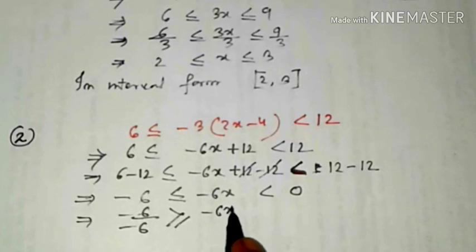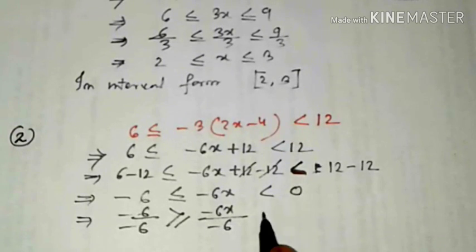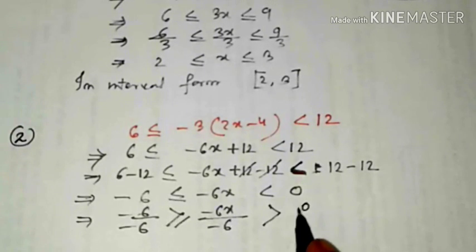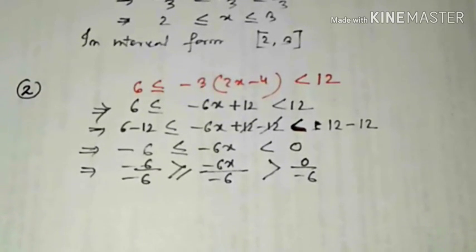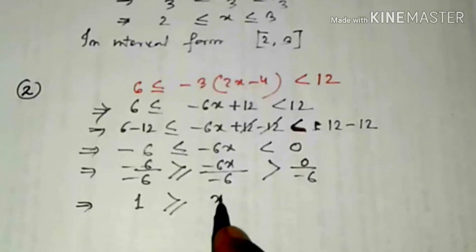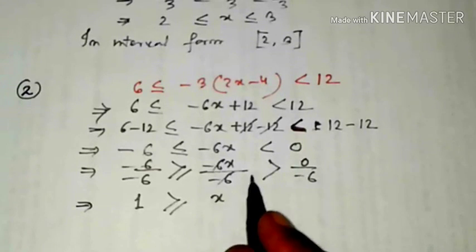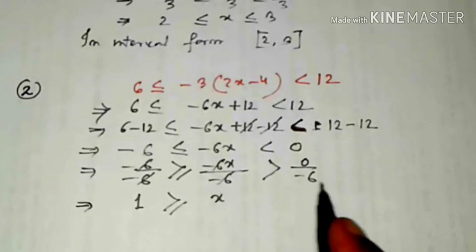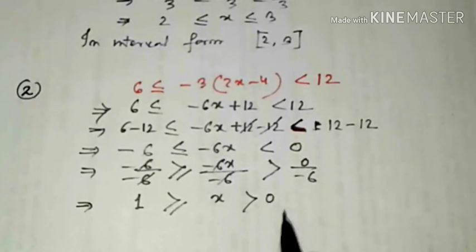Therefore minus 6x by minus 6 greater than 0 by minus 6. This is 1 greater than equal x. We can cancel 6x, can cancel this also. This is greater than 0.